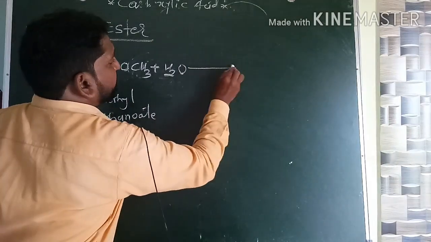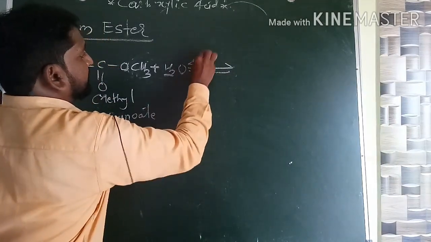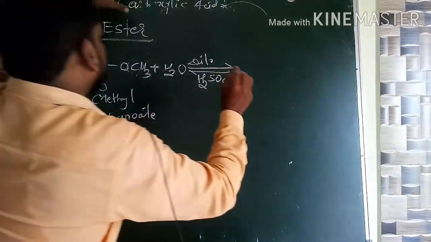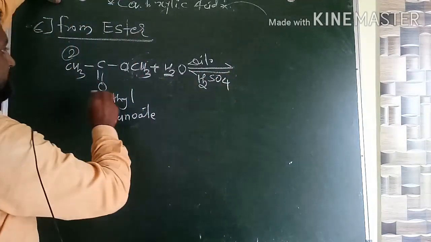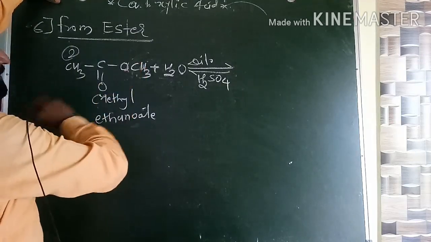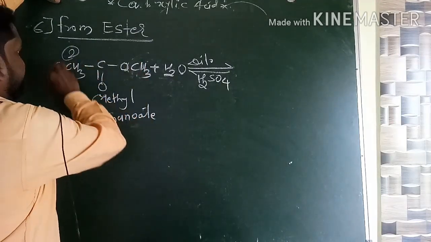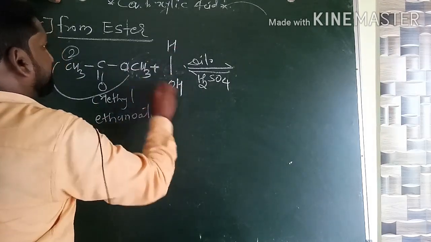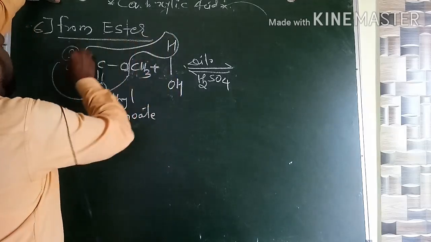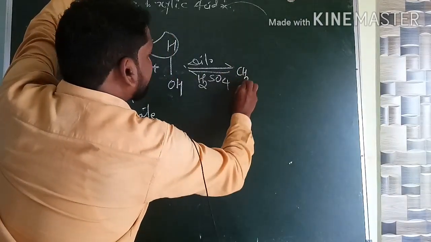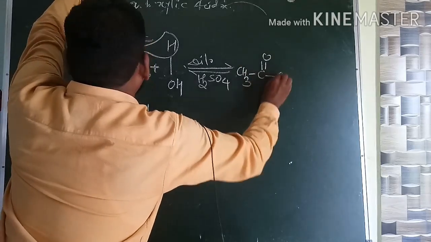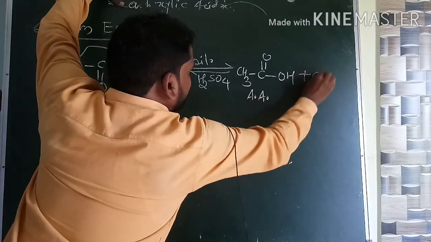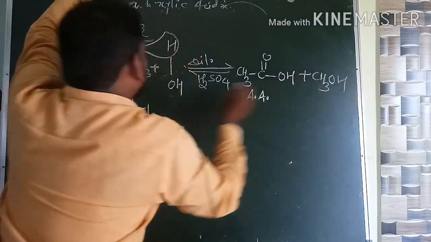Okay, in the presence of dilute sulfuric acid. Okay, you will get here. See here. This part will convert into the H2O. Let us break it. It will become your desired acid, acetic acid plus CH3OH.